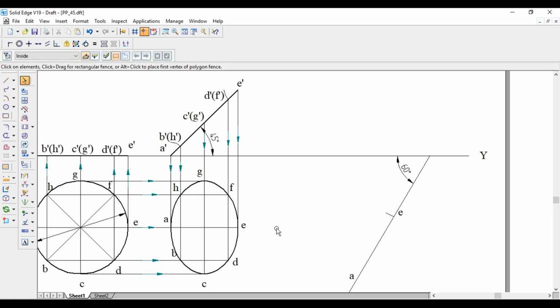All these three lines are perpendicular to AE. The line joining CG is from the center of this AE, whereas the line joining HB is from A, and the line joining DF is from E.